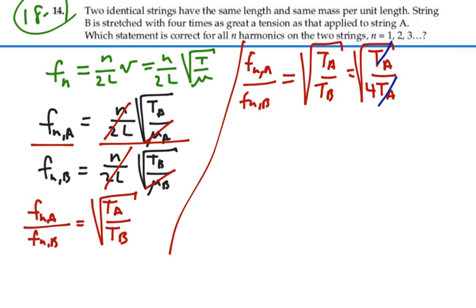So the tension in A cancels out. This would be the square root of 1/4, which is 1/2.